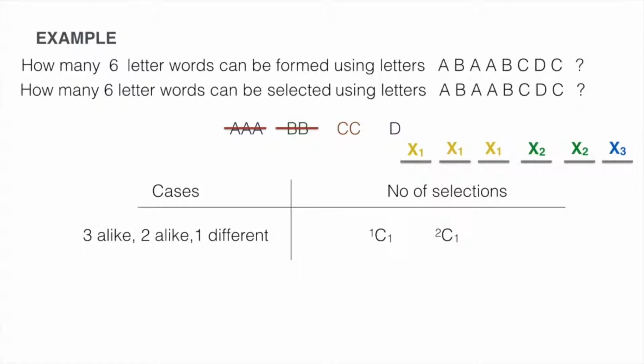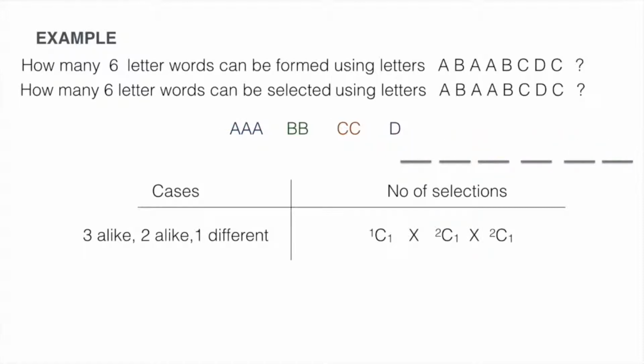In the same way, for the case when I chose 2 C's, I could have chosen the B to fill in the position of one different letter. Hence, in either case, I get one option apart from D to choose X3. So I have two options to fill X3, thus I get 2C1 ways. Now I have to choose 3 alike and 2 alike and one different letter. Hence, the total number of selections becomes a multiplication of these three terms, which is 1C1 multiplied by 2C1 multiplied by 2C1.